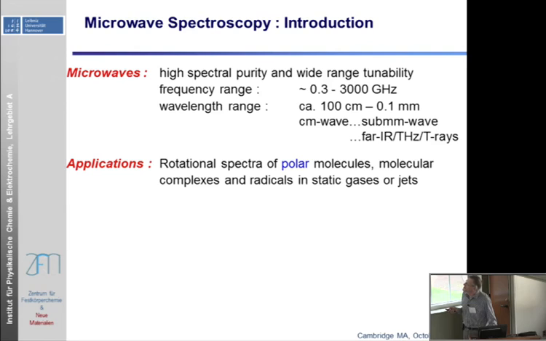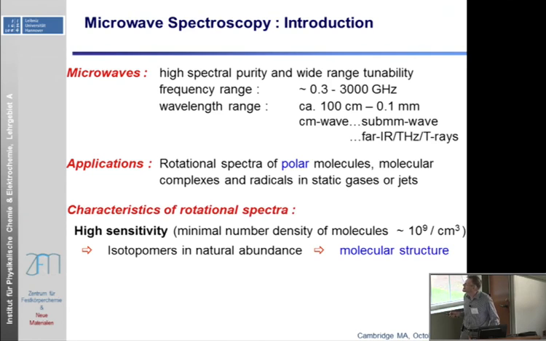Anyway, we need polar molecules, and we can then look at molecular complexes, radicals, or stable molecules. In static gases or jets, we have high sensitivity in principle, even though the photon energy is not that large. So there are some disadvantages compared to infrared or certainly visible or UV spectroscopy from the energy of the photon.